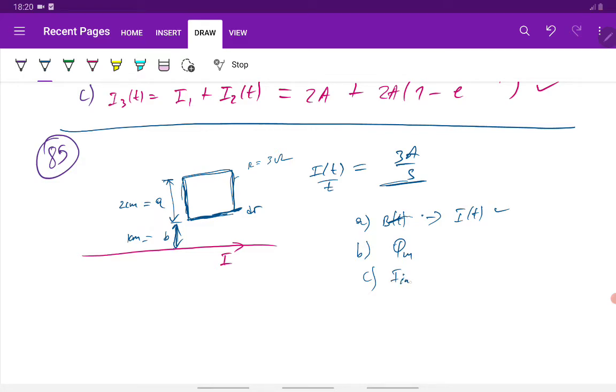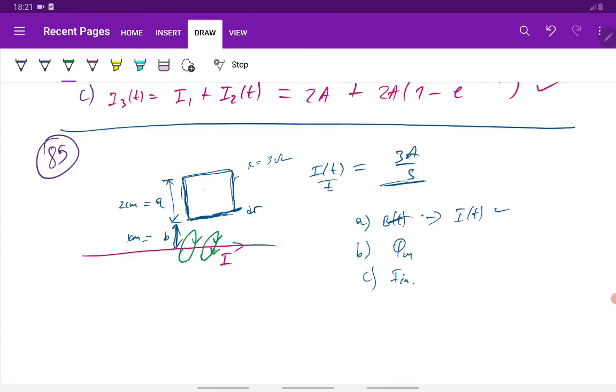So let's again draw. Using the second right hand rule, if the current goes in this direction, then the magnetic field goes in this direction, out of the page. Oh, sorry, this is out of the page. So like this.